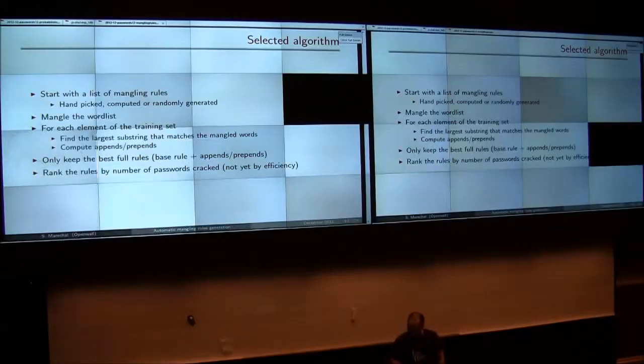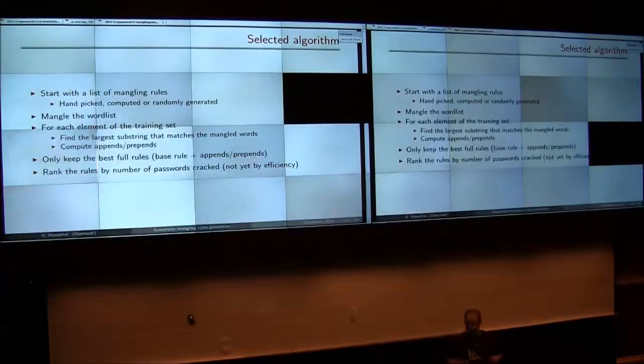Good and simple. Okay, so in my algorithm, I start with a list of given mangling rules. This list is something you put in the tool. You can either manually select a rule because you know it is effective, you can also steal rules from other people, which I did a lot, and you can also randomly generate them, which I didn't do. Then you mangle your word list with each rule.